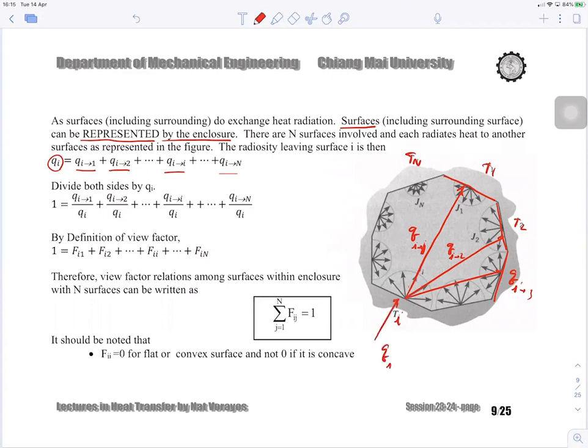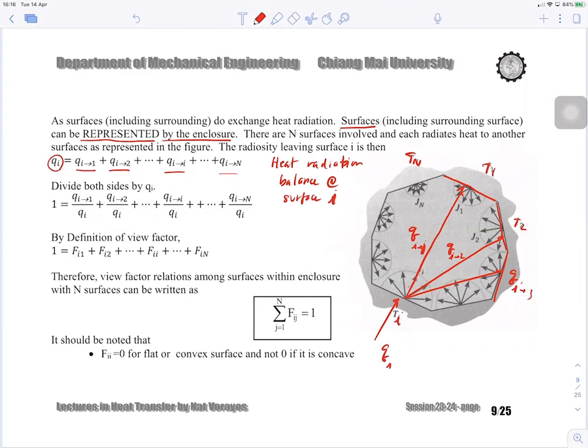This is the heat radiation balance at surface i.